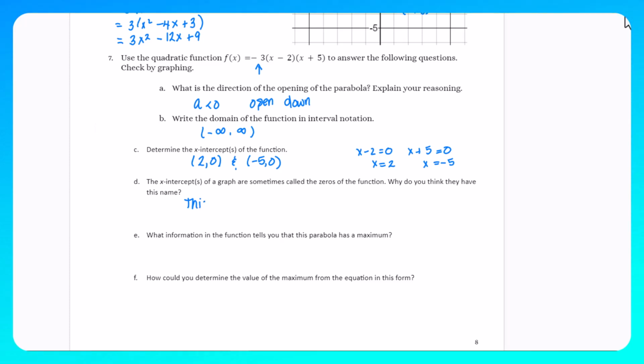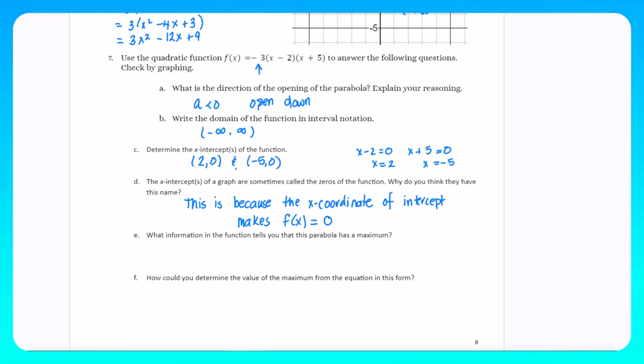This is because the x-coordinate of the intercept makes f of x equal to 0.